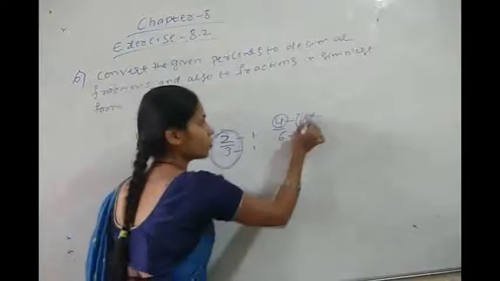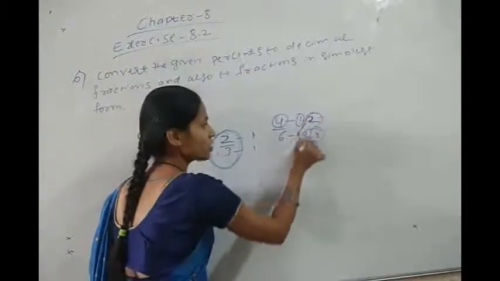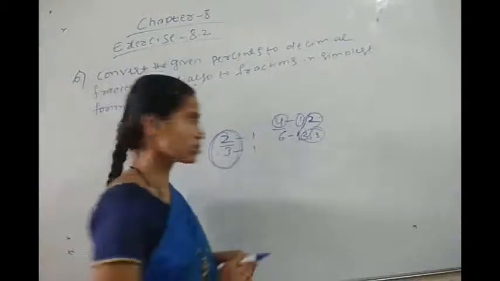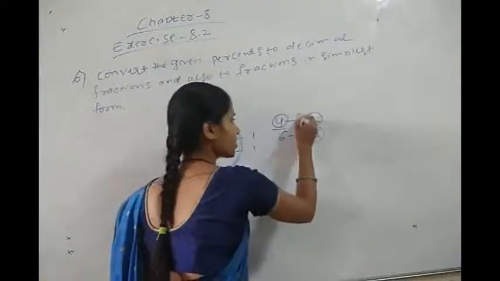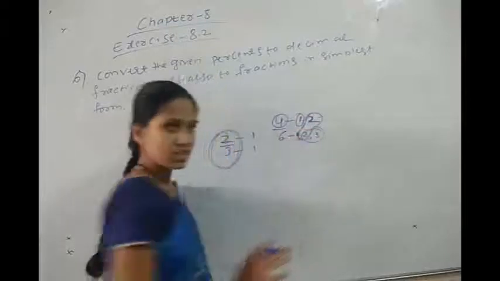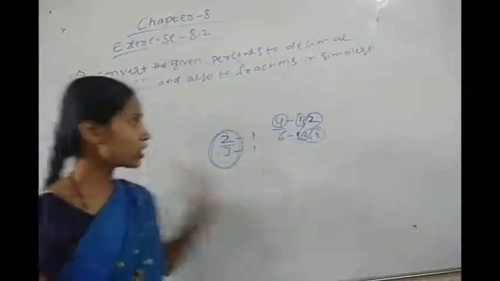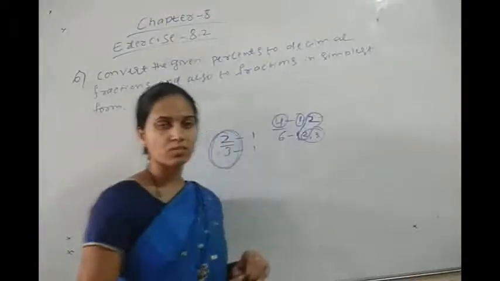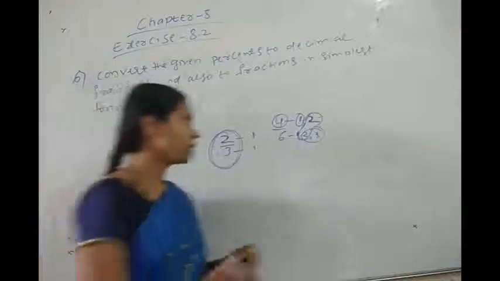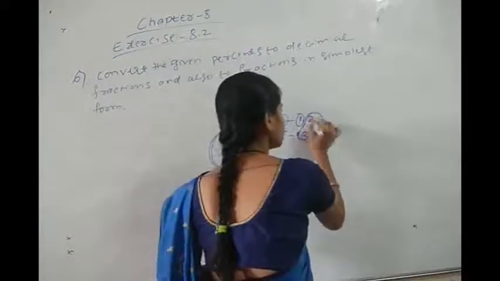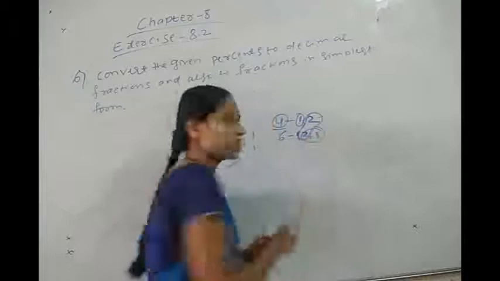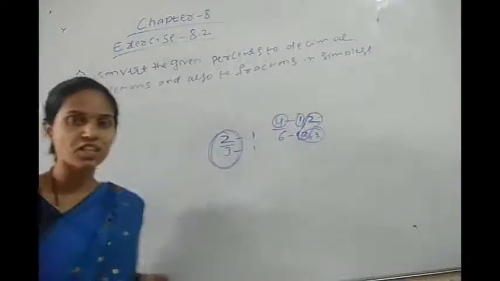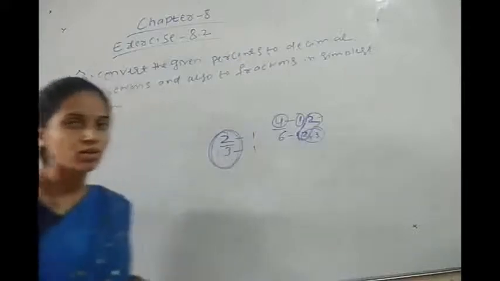But 2 is in common for both. 2 is common for 4 also, and it is common for 6 also. 1 is fine, but it should not have other factors in common except 1. But here we are having 2 in common. So that's why 4 by 6 is not called a fraction in its simplest form. Okay, got it?